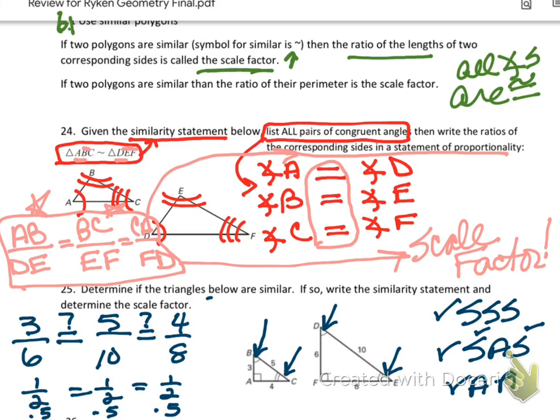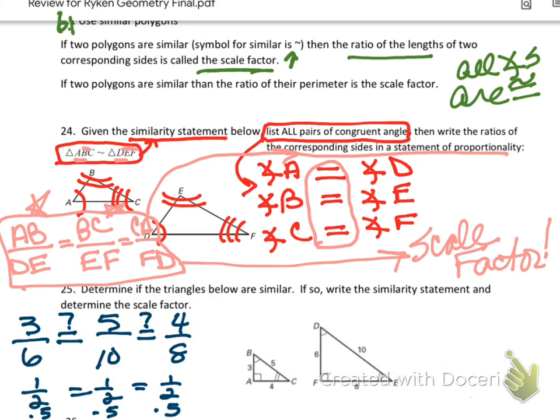So I have now proven by side, angle, side. I've proven every which way that these 2 shapes are indeed similar. So can you now write the similarity statement and then determine the scale factor? Let me do a little bit of erasing so I can do that. I'm going to pause the video.